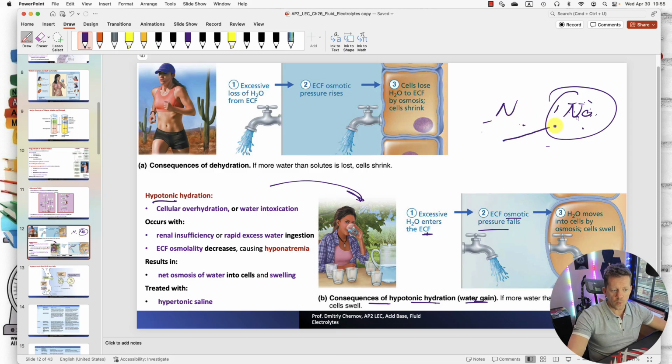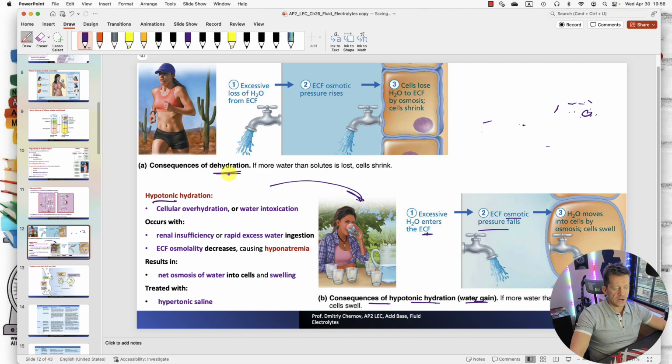And the water will enter the cell due to the highest concentration gradient of the solutes inside. So the water moves into the cell by osmosis, from high concentration of water to low concentration of water, also towards the highest concentration gradient of the solutes, and the cell swells, lyses, and dies. That's hypotonic hydration.